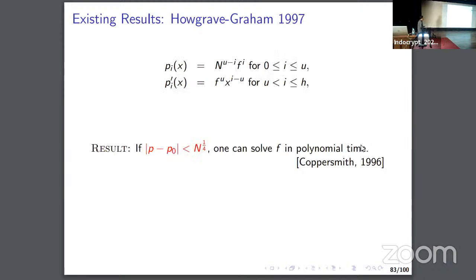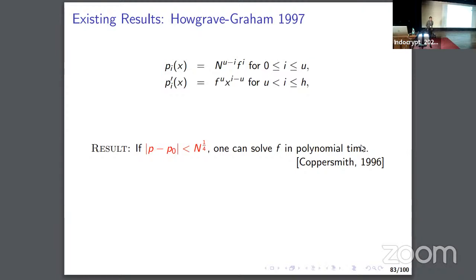Now, in general, we can define polynomials like this. P_i(x) equals like this, and P'_i(x) equals like this. And if you do some calculation, it is not difficult, but you have to do some calculation. Finally, you can prove that if the modulus of P minus P0 is less than N to the power 1/4, then you can find the root.